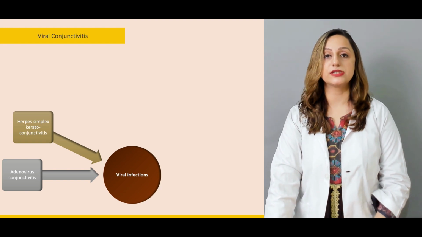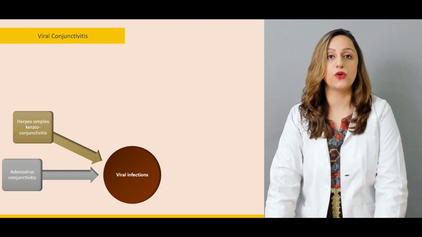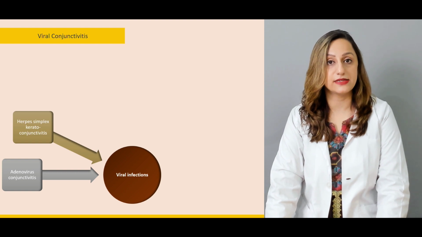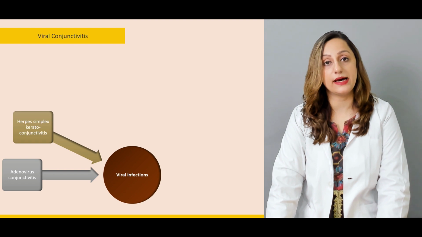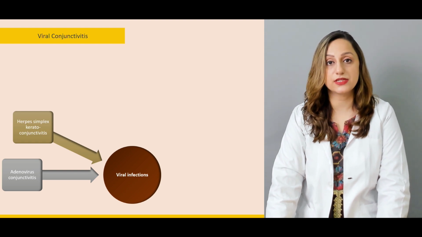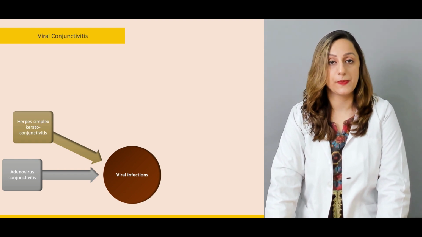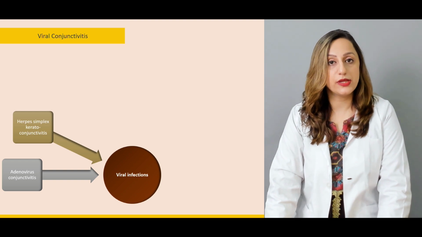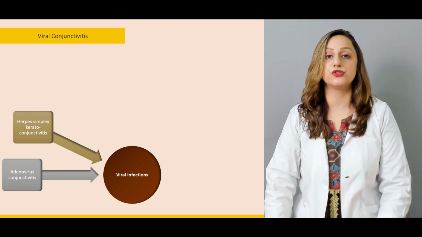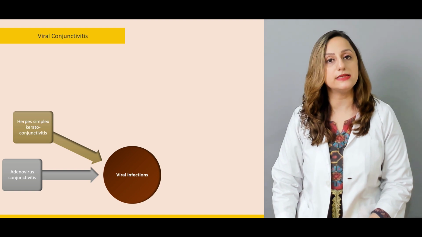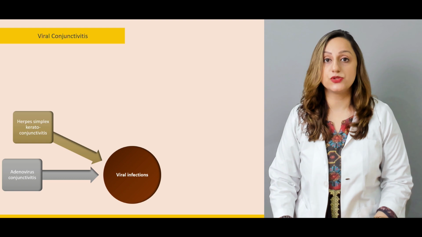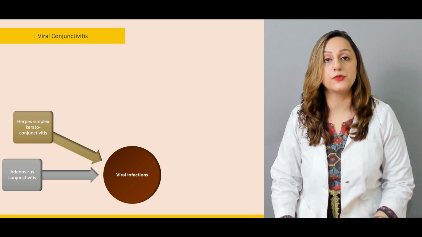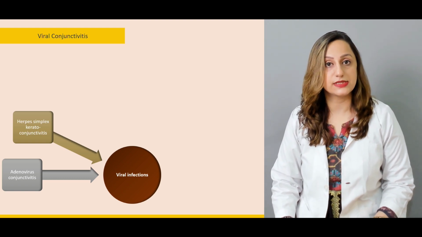The terminology keratoconjunctivitis means that it involves the cornea as well as the conjunctiva. On the cornea, we usually observe corneal opacities, corneal ulcers, or it can even lead to the complication of corneal perforation in these patients.